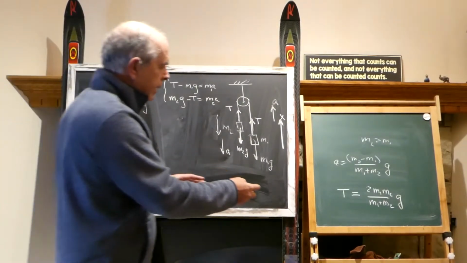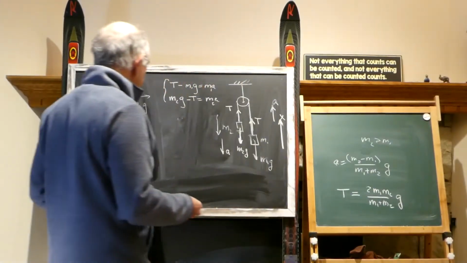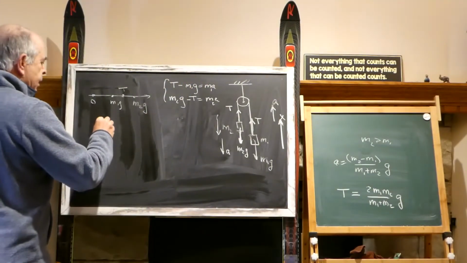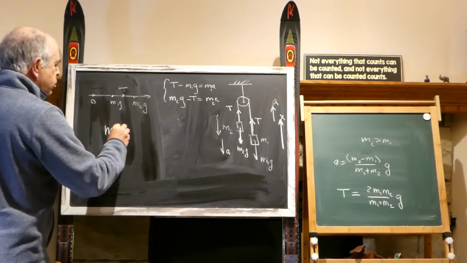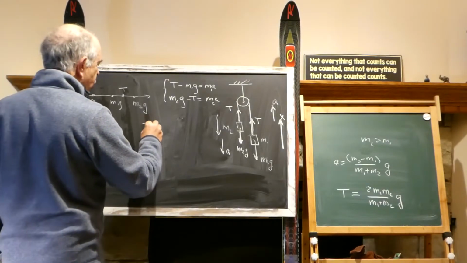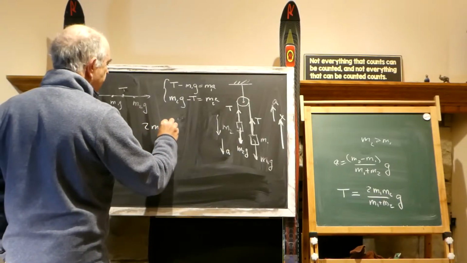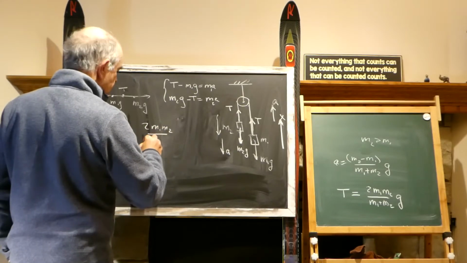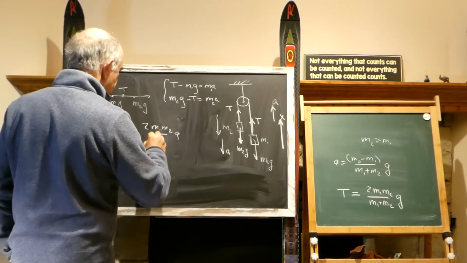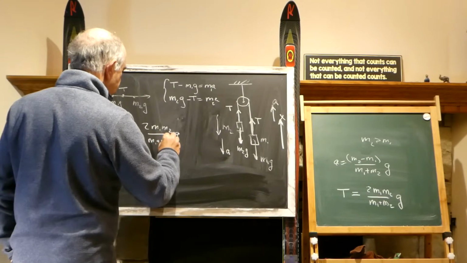But does our formula accommodate the same thing? In particular, M1G, and this formula, 2M1M2G over M1 plus M2.